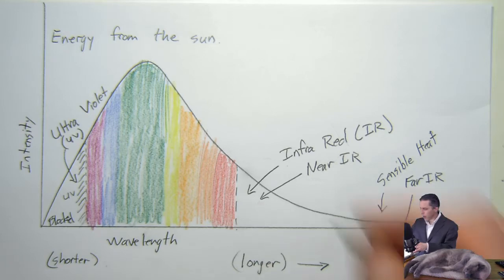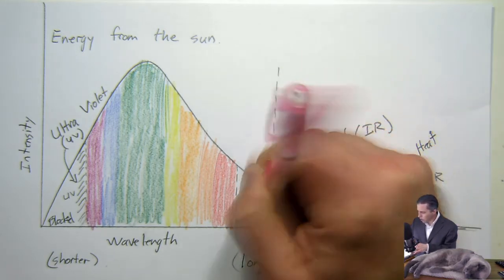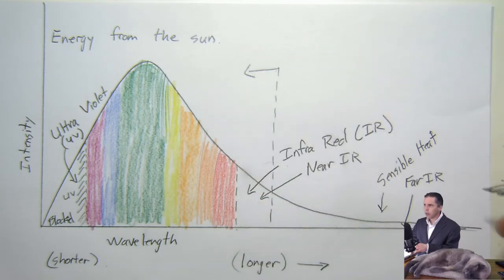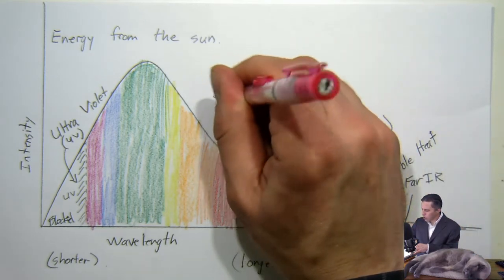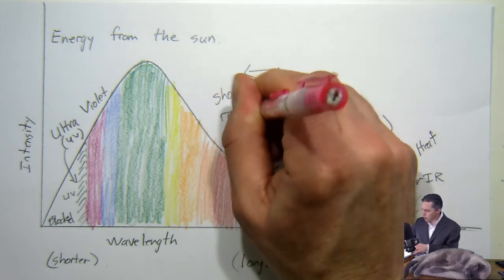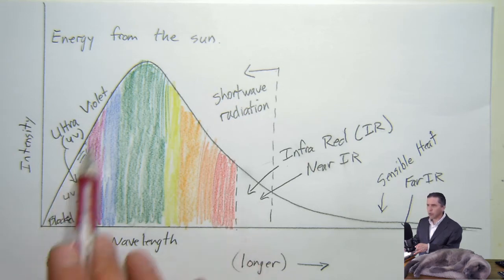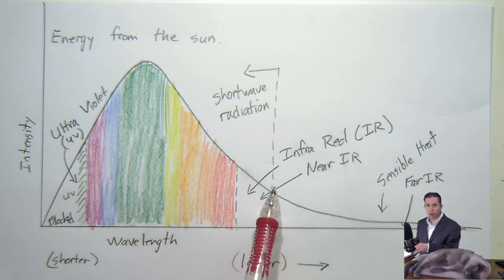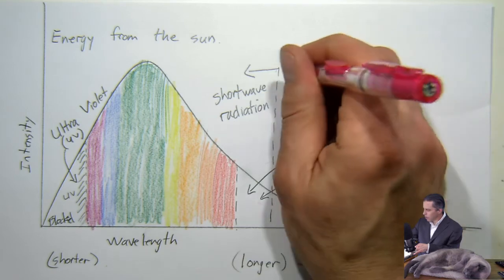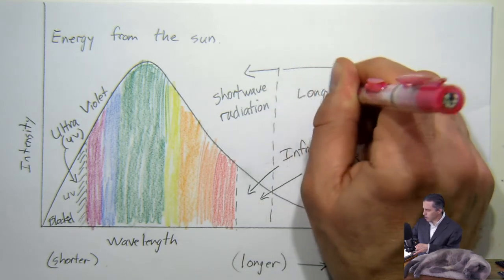We basically say that everything from about here onward is called shortwave radiation. Okay, and so sometimes that means all the visible and UV. Sometimes people also include the near infrared, but it's the majority of this hump. That's the shortwave radiation.